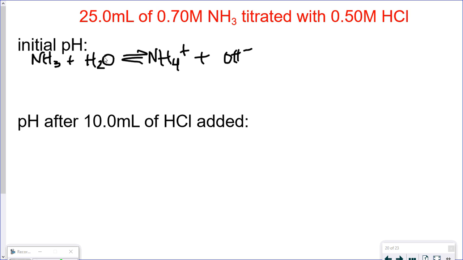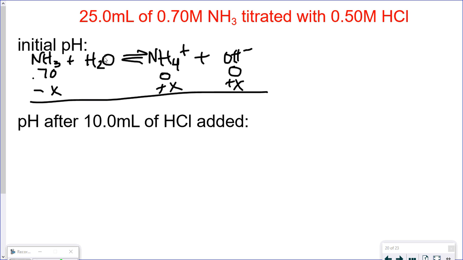So we had 0.70 molar ammonia. That's the only thing we had. We're going to have to subtract from our reactant side and add to our product side. So that will be 0.70 minus X, X, and X. Remember, since we have hydroxide, this is going to be using our Kb value.